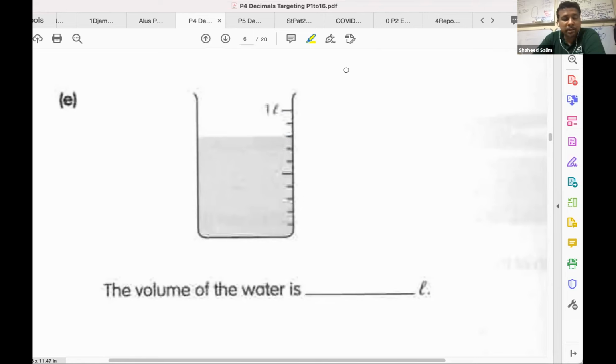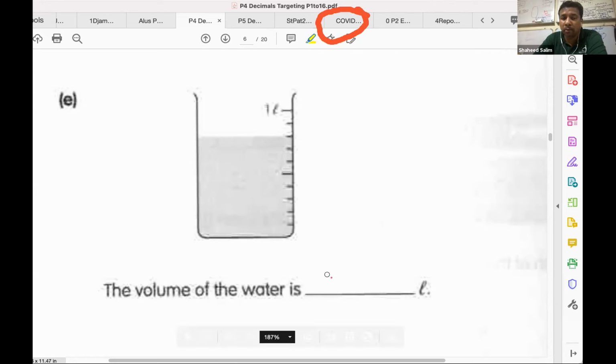So mangoes, there are different types of mangoes. Anyone? This is less than 1. So it should be 0 point something. 0 point how many?